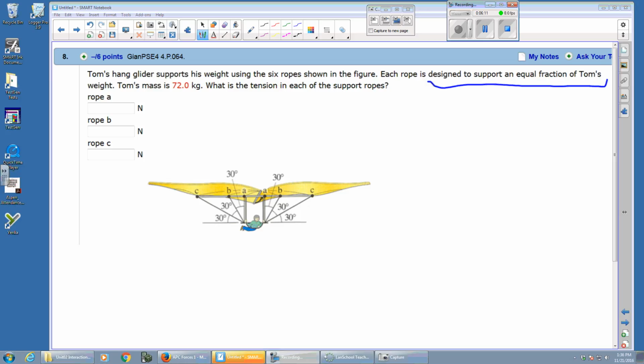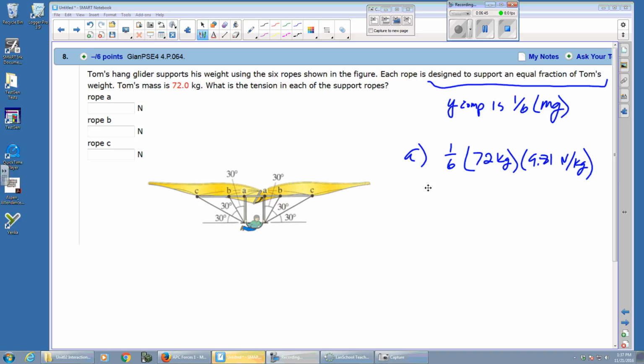But what this tells you is the y component is 1/6 his weight for each. So in rope A, for A, it's 1/6 of 72 kilograms times 9.81 newtons per kilogram.